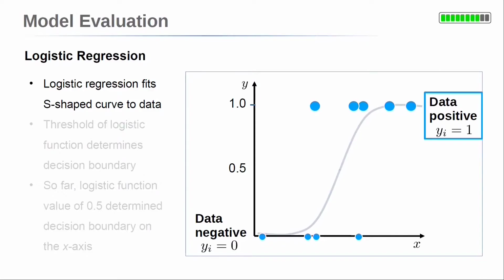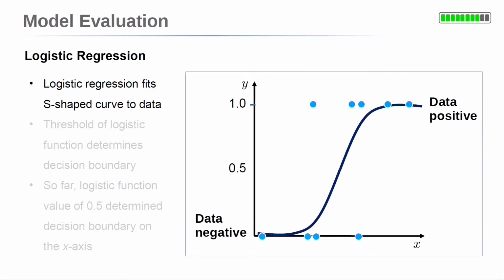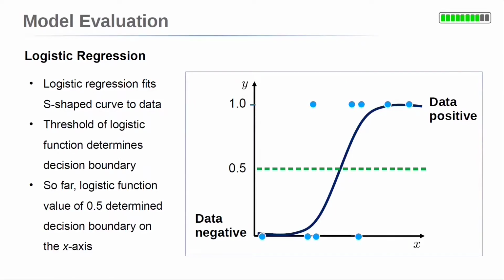The positive data samples are displayed as well. The logistic regression model fits an S-shaped curve, the logistic function, to the data. We need a threshold to decide between the classes. In the previous section, we chose a value of 0.5.